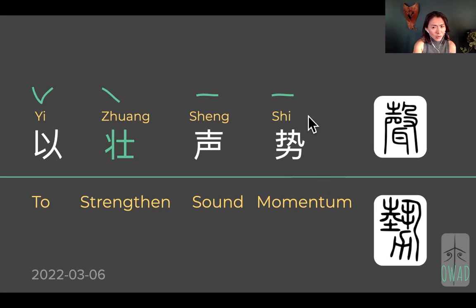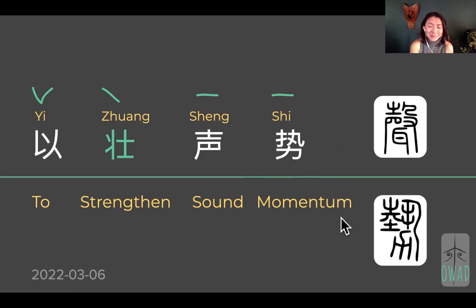以壮声势. Okay, this should be falling tone. Sorry about that. But together it means you gained this momentum of you're going anywhere. 声势 together, we use that often, means, it's hard to translate.